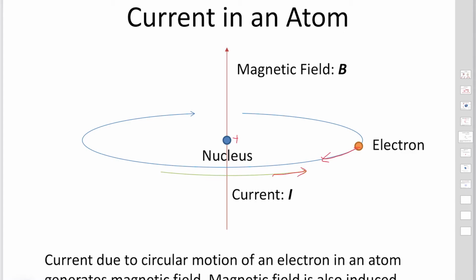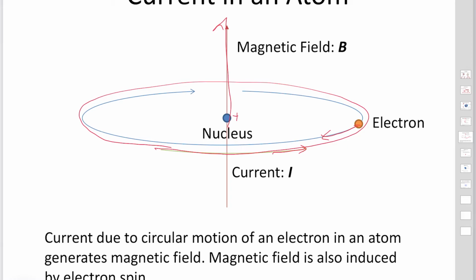If you consider this current flowing in atoms, then we could consider that these atoms produce the magnetic field of B. Current due to the circular motion of an electron in atoms generates the magnetic field. Magnetic field is also induced by the electron spins. So from these simple discussions, atoms produce the magnetic field by themselves.